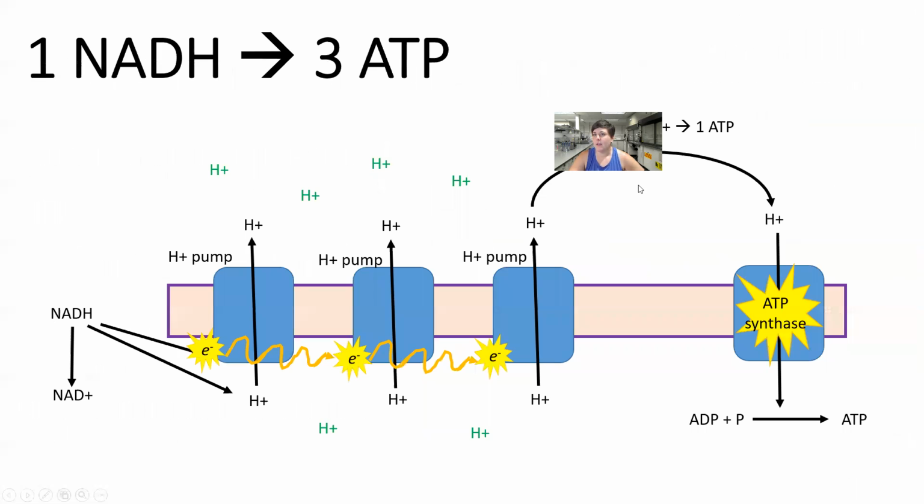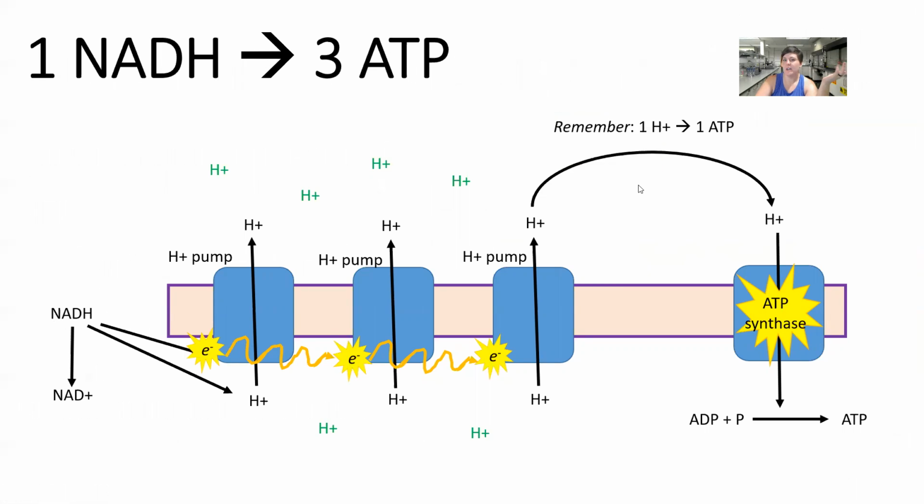All right. So this is just showing you the calculation. Every NADH that comes into an electron transport chain is going to fuel the pumping of 3 hydrogens across a membrane, because every 1 hydrogen equals 1 ATP.